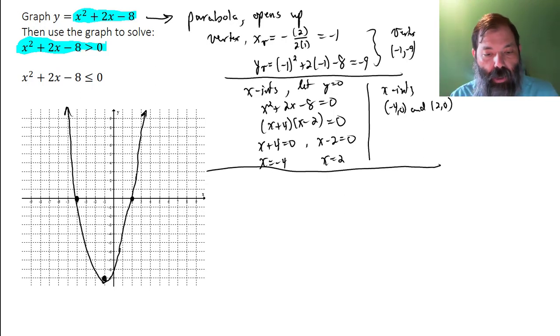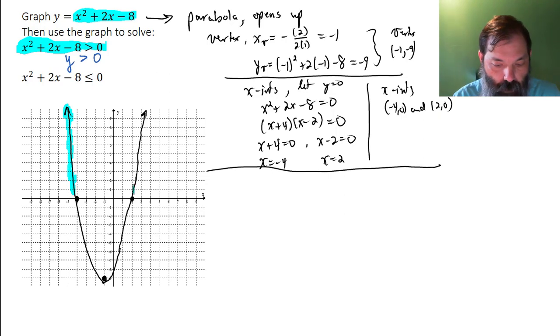So we can literally think, where are the y values on the curve greater than 0? Well, I see that the y values on the curve are greater than 0 in this part of the curve and this part of the curve. And so then that translates to this portion of the x-axis and this portion of the x-axis.